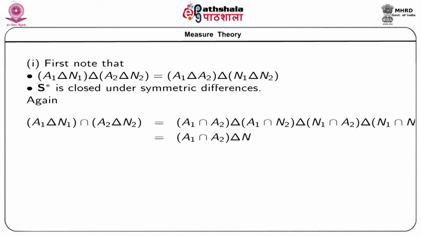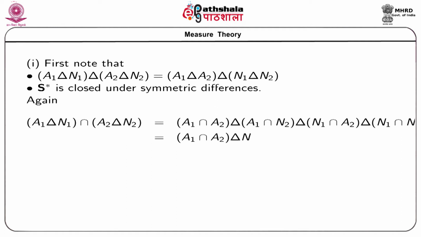Now, all the three sets on the right hand side after A1 intersection A2 are subsets of some set of measure 0, and so combining them we can write it as just n.